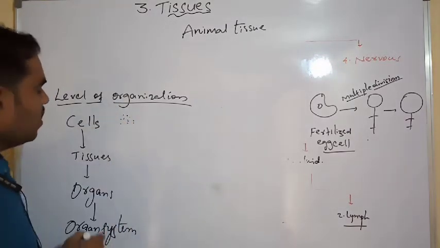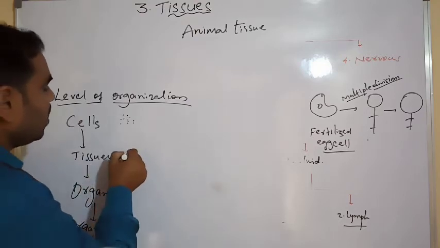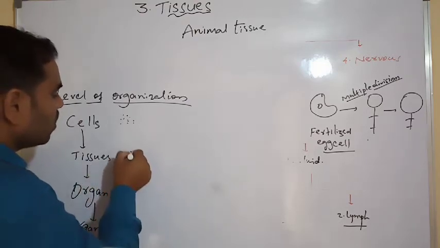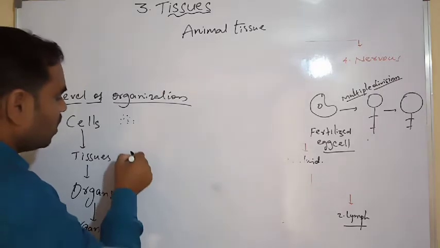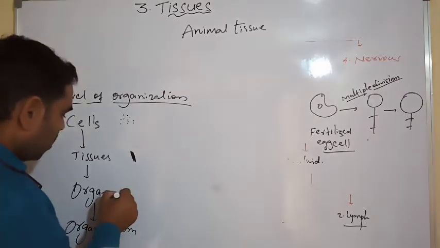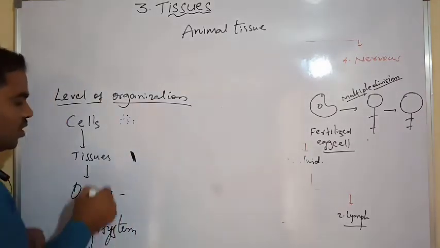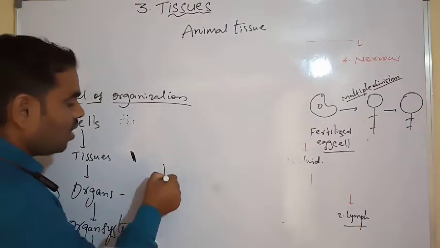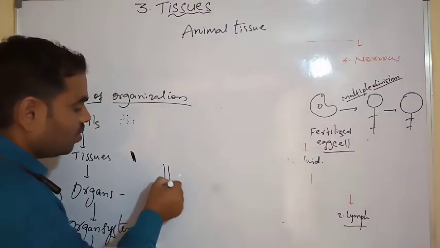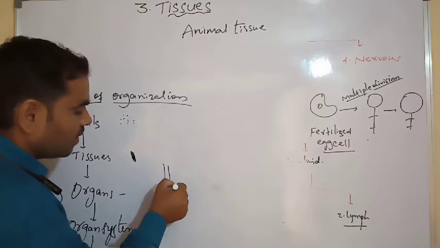For example, these are cells. These cells together form tissues. A group of cells forms the tissues, and these tissues form the organ.